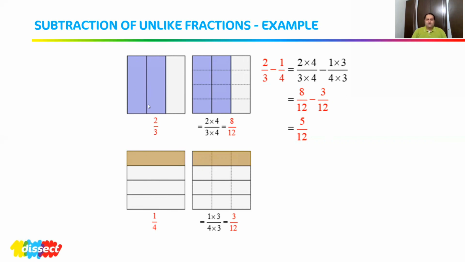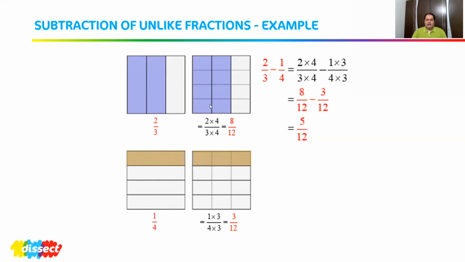We can easily do one thing. We cut each of these pieces into 4 parts for this fraction, and for this fraction we cut each of these pieces into 3 parts. So here each of the parts has been cut into 4 parts, and here each of the parts has been cut into 3 parts.